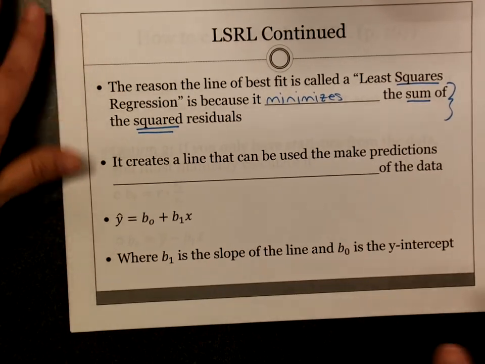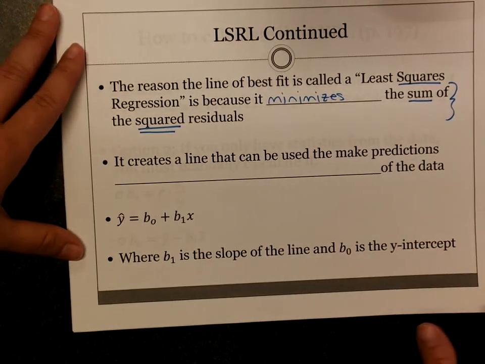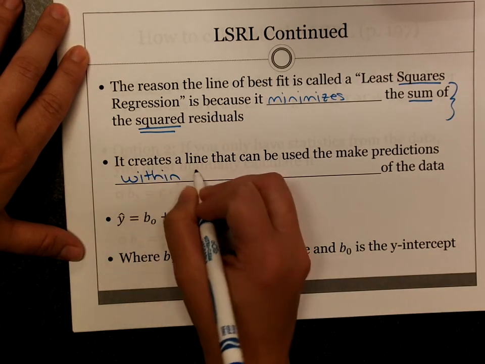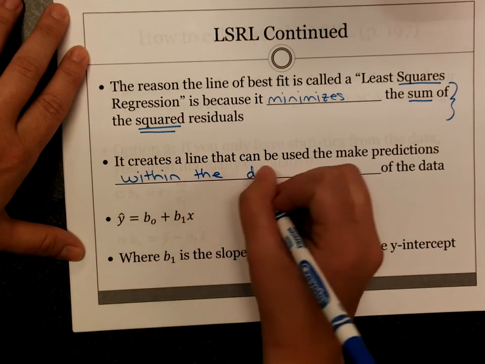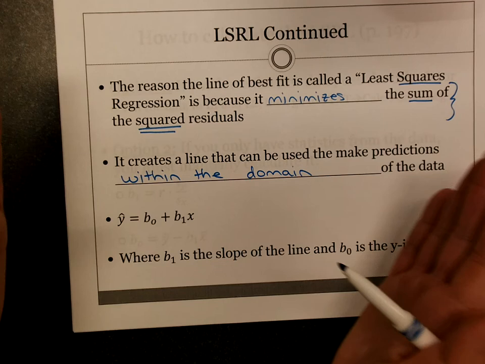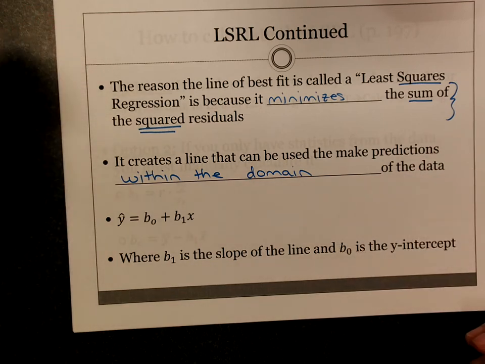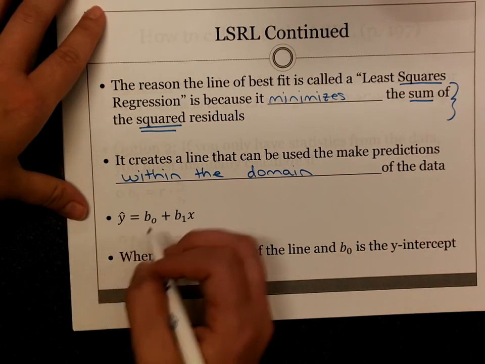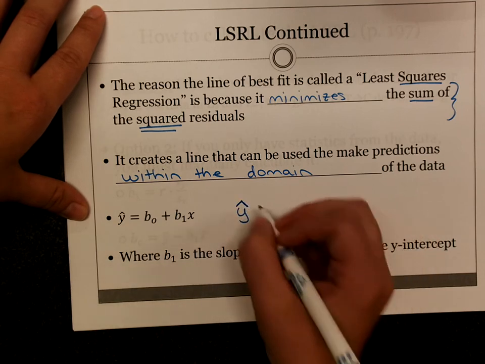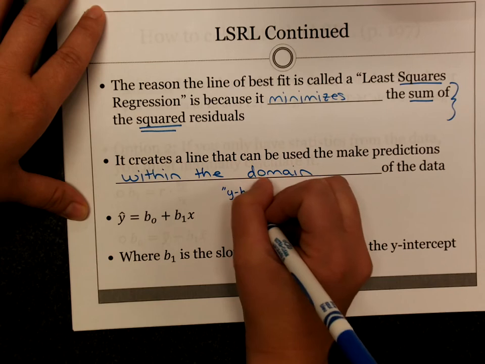So this creates a line that can be used to make predictions within the domain of the data. So we have to stay in the domain that the data is covering. And the equation for this is y with a little triangular top, and we call that y hat.